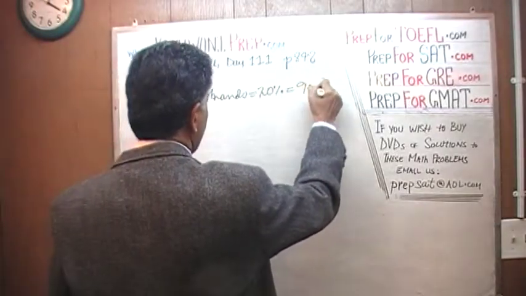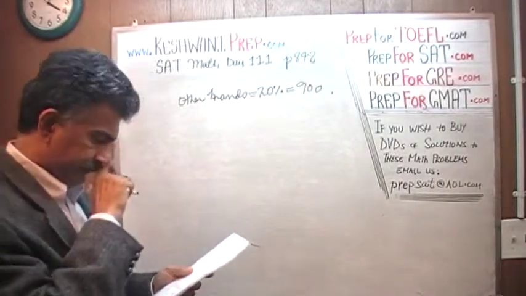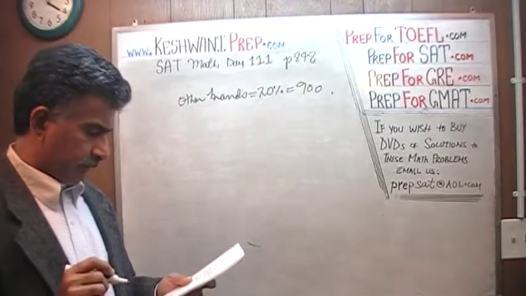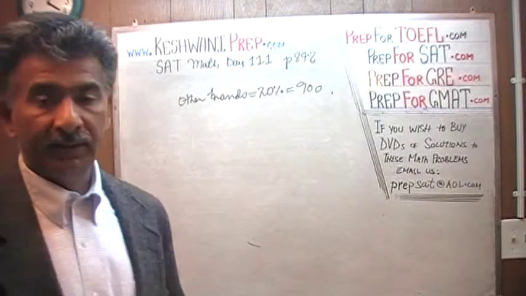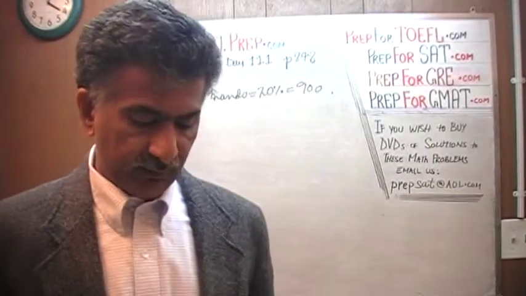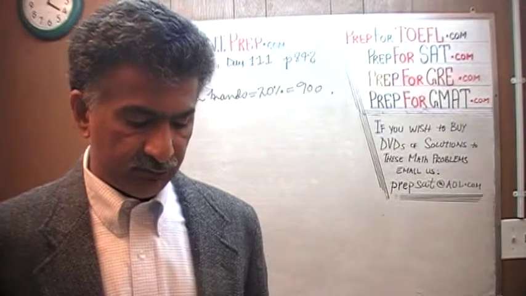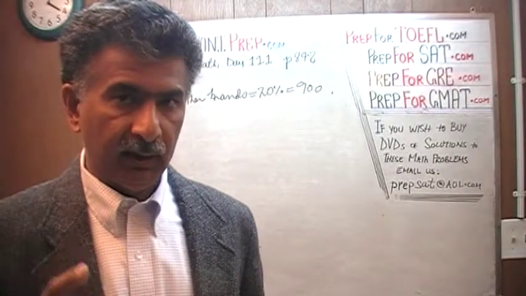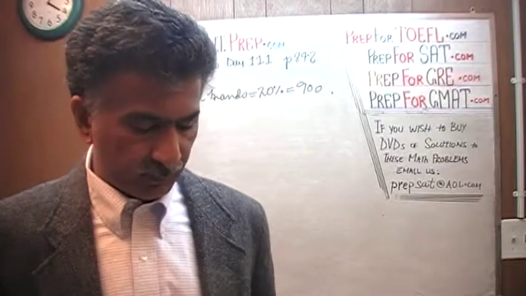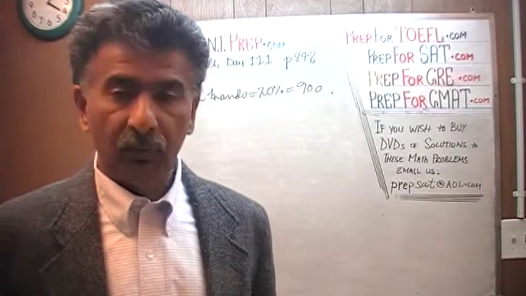And we've just been told that quantity is 900, because it says here, if the store sold 900 pairs of jeans other than J, K, L, M, and N, that's other brands. How many pairs were sold in total?